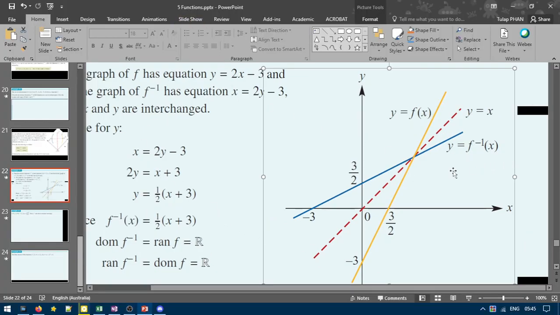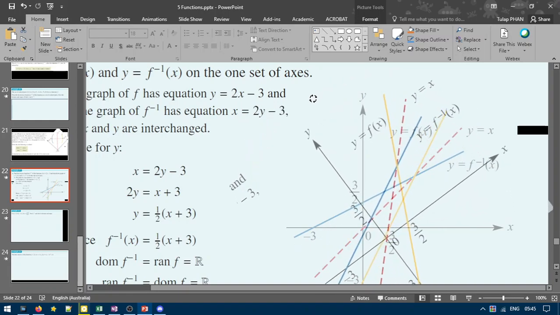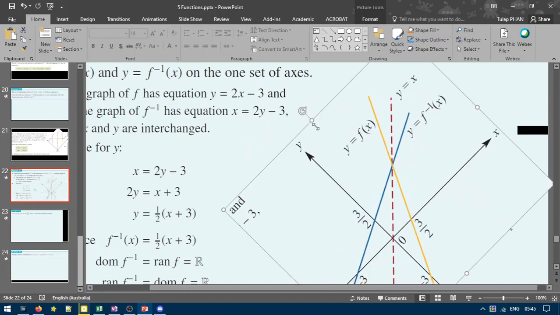So let's say you started with your f function in yellow. What you would do is draw your line in red, y equals f of x. Then just do a mirror image and you'll get the blue curve straight away, which would be your inverse function.